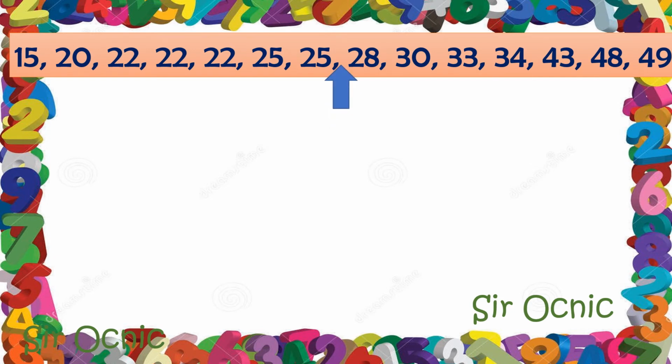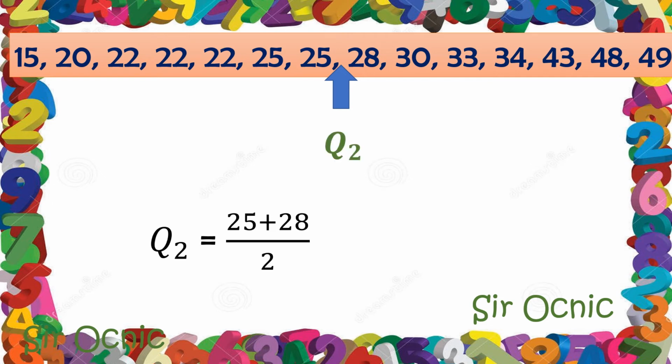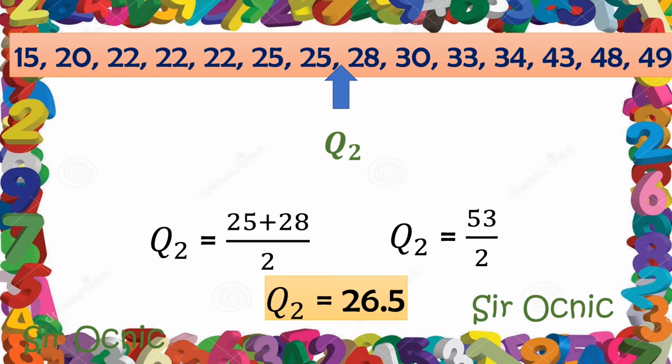Since we have 14 observations, that means that the second quartile is between the 7th and 8th data. So to compute for the second quartile, we will have 25 plus 28 all over 2, which is equal to 53 over 2, or simply 26.5.